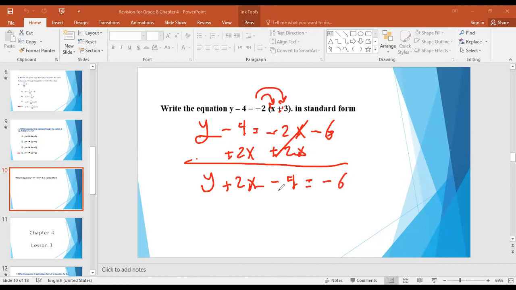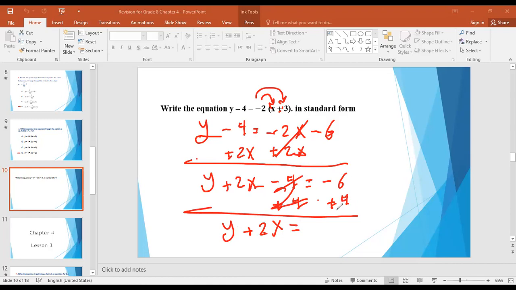Then you add 4 to both sides: y plus 2x equals negative 6 plus 4, which is negative 2. Now rearrange it. It will be 2x plus y equals negative 2. That is the standard form.